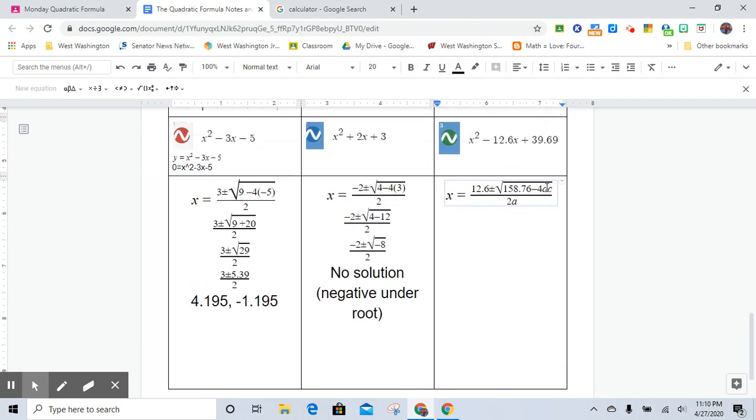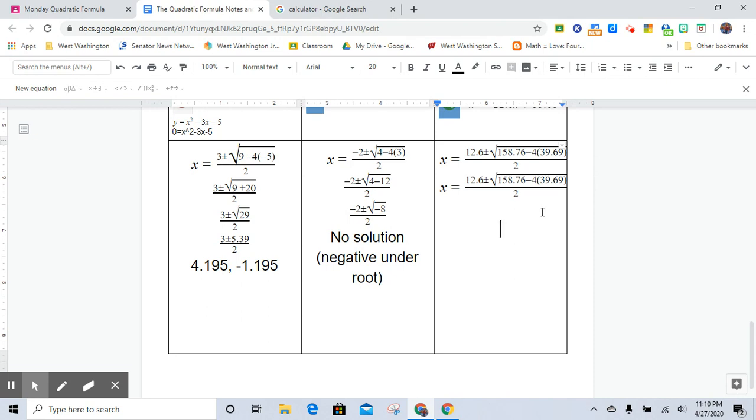So a is still positive 1, and c in this case is 3969. And a again is just 1, so I can get rid of that. All right, so aside from this looking really scary, there is nothing wrong with it because it's all calculator work, so no big deal.